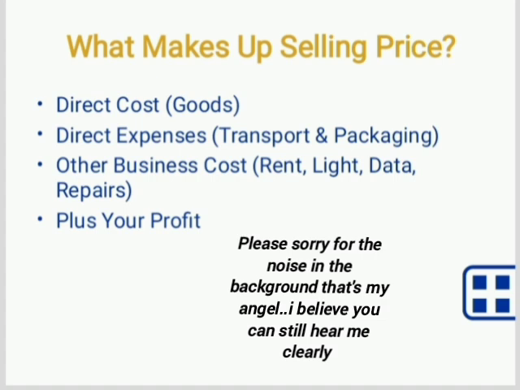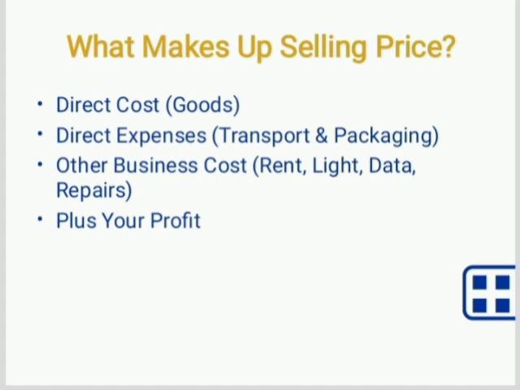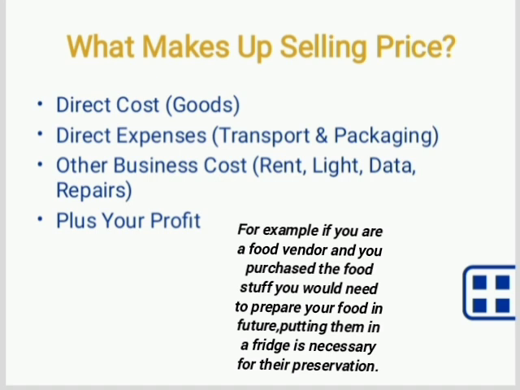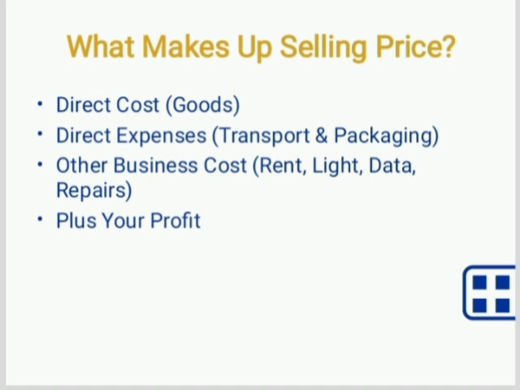Most people have shops where they keep their products. If, for instance, you're into food business and you have a fridge where you keep the raw materials used in making that food, let's say you bought meat, tomatoes, and other food items, you keep them in a fridge. If there's a particular storehouse where you keep them, the cost you pay for that store will be included.